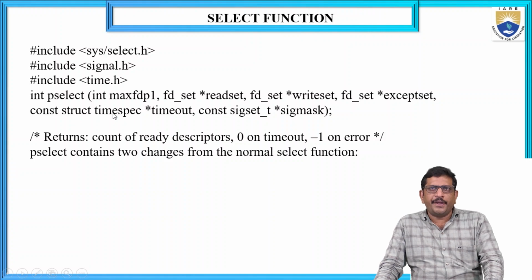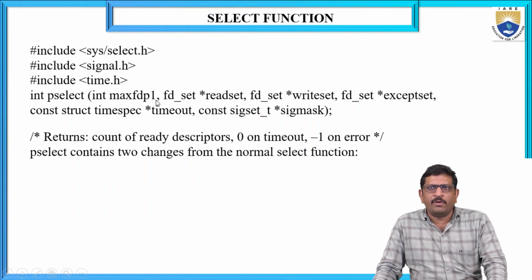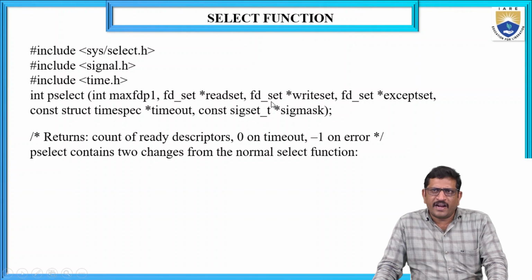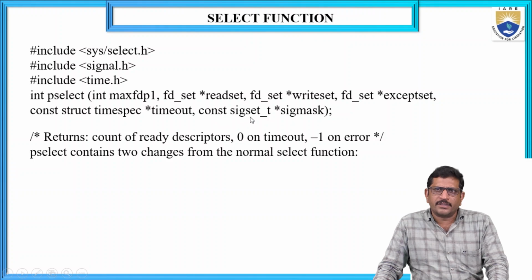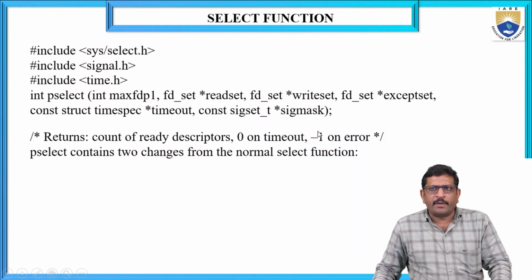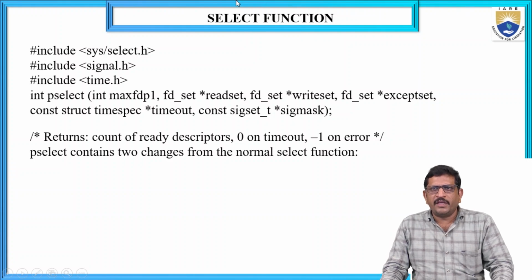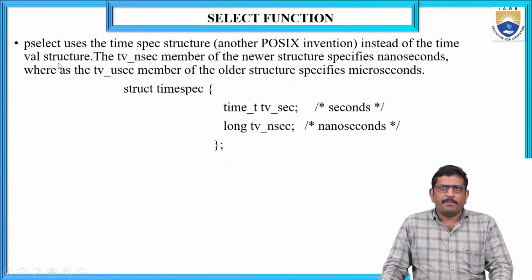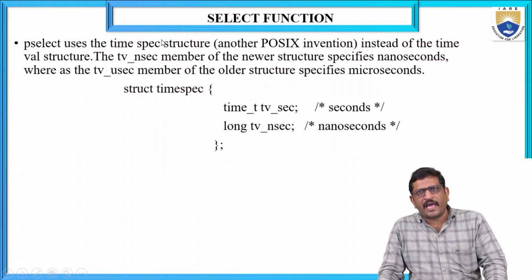Here is int pselect(int maxfdp1, fd_set *readset, fd_set *writeset, fd_set *exceptset, const struct timespec *timeout, const sigset_t *sigmask). It returns the count of ready descriptors, that is 0 on timeout, -1 on error. pselect contains two changes from the normal select function. pselect uses a timespec structure, which is the time specification structure.